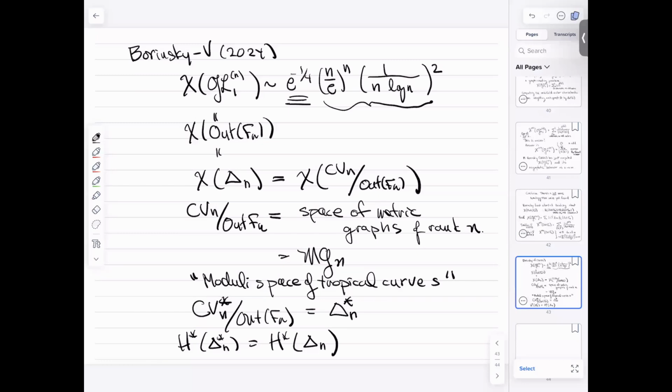The one class that I told you that we have found is actually in the VCD of Out(Fn), which is bizarre because in the cohomology of the mapping class group, or the cohomology of GL_n(Z), there is nothing in the VCD. So I suspect that it's all near the VCD, but I don't really know.